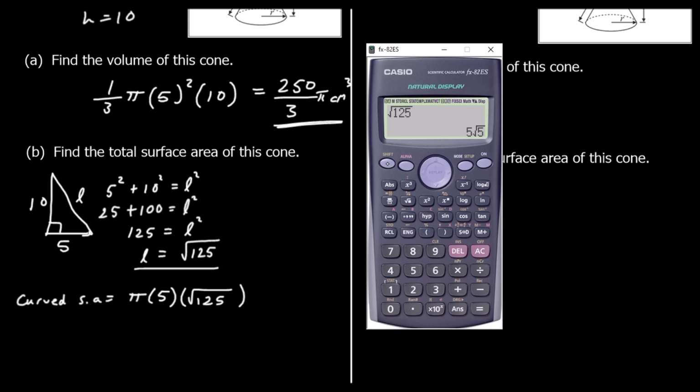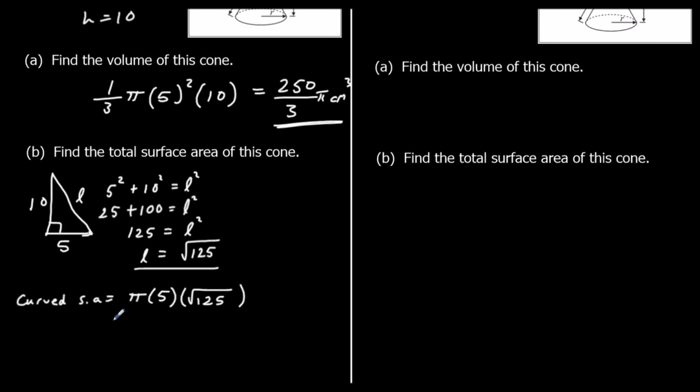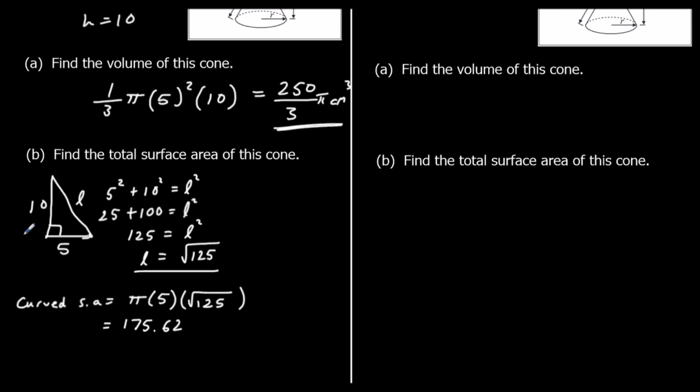So it's pi times 5 times our last answer, which is the square root of 125. So the curved surface area, I'm going to write as a decimal, 175.62 and so on. That's the curved surface area.